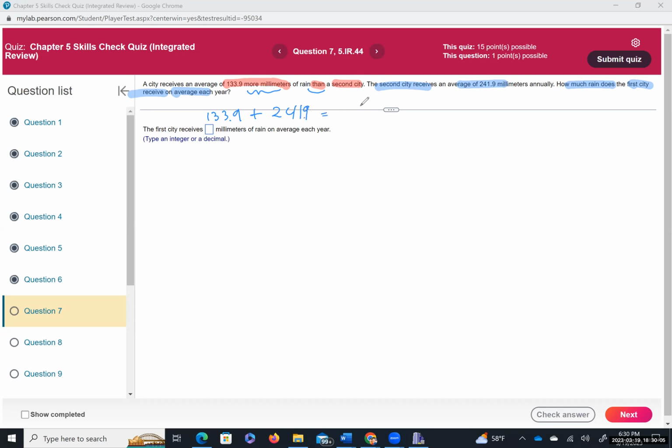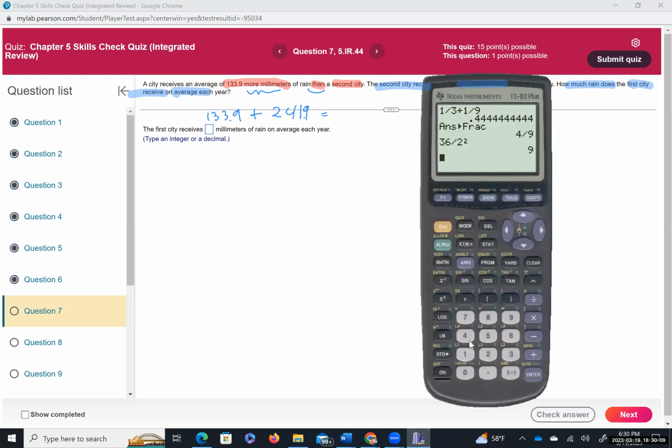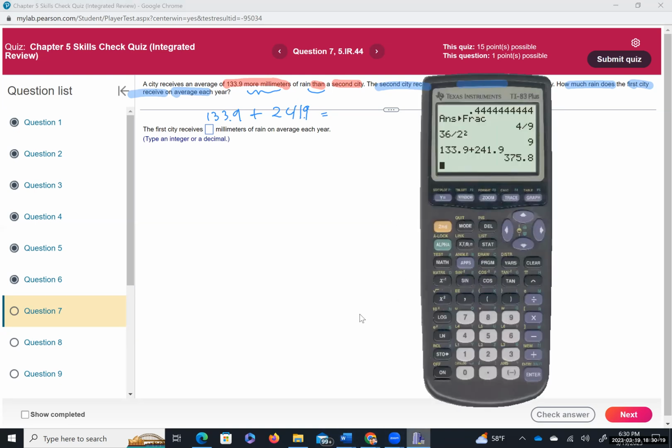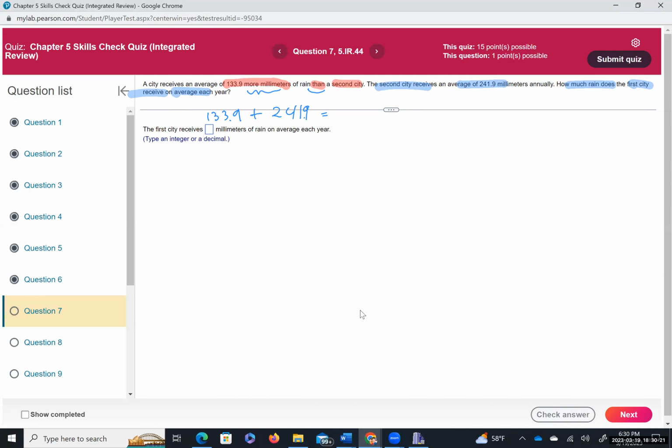What is that equal to? Let's use a calculator to make my life easier. 133.9 adding 241.9, enter. I got 375.8. So 375.8.